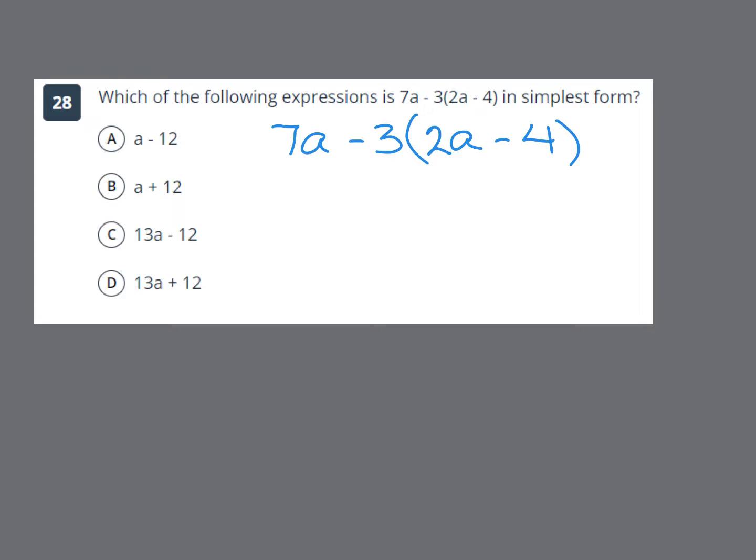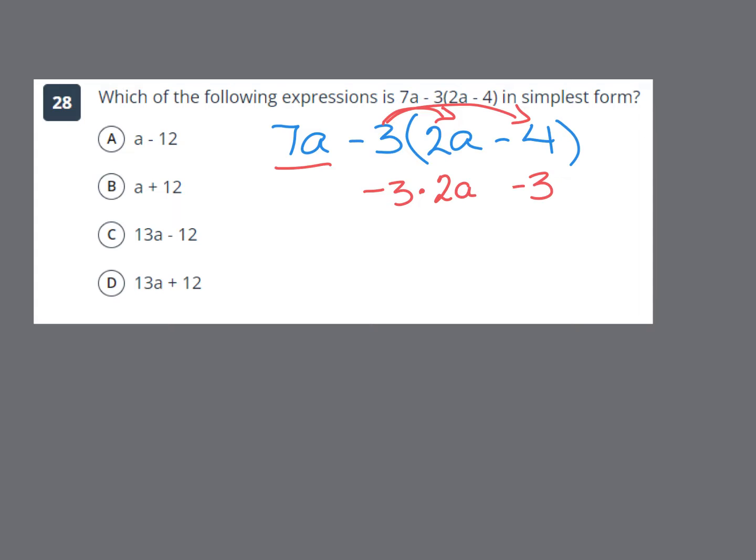Okay. So for now, I'm going to underline this 7a because I'm not going to do anything with it. I get to woo, woo, woo. Oh, it's so fun. Negative 3 times 2a. And I've got negative 3. That is a ginormous negative.